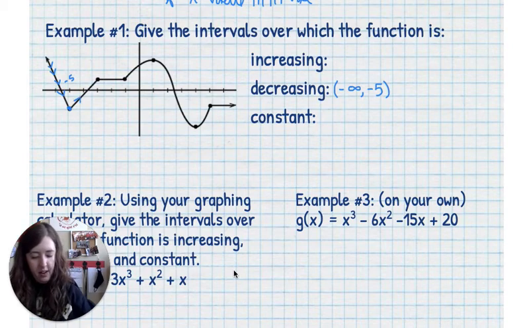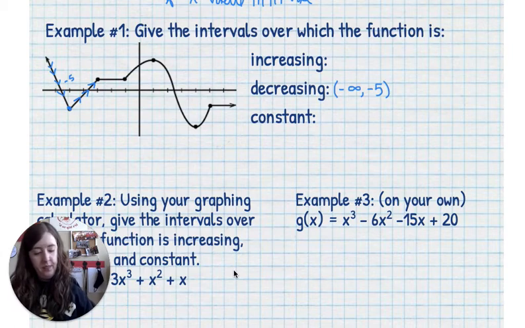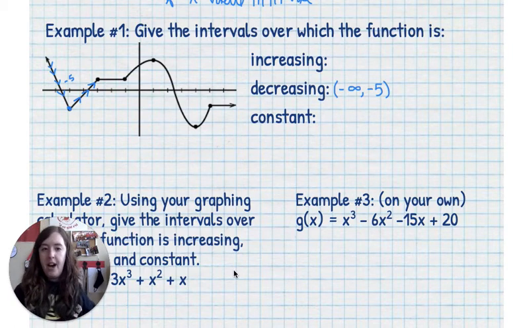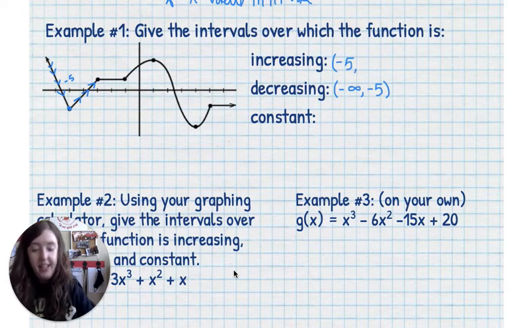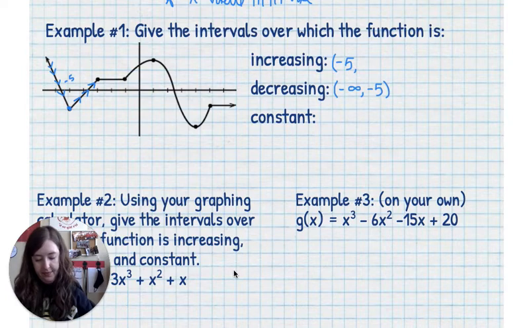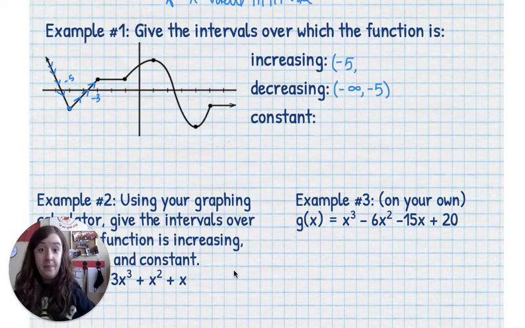After that, I start going up, so that means it's increasing. Now, since I stopped at -5 decreasing, I'm going to begin at -5 increasing until right here at -3.